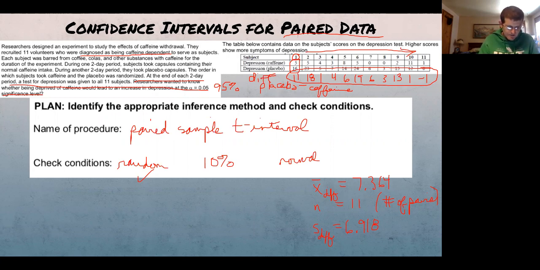10% condition, did we meet it? Well, I'm going to assume more than 110 people in the world are caffeine dependent. So that's good. And then normal, we did not get 30 in our sample size. So now we need to assume that the population is approximately normally distributed, and we just have to make that assumption.